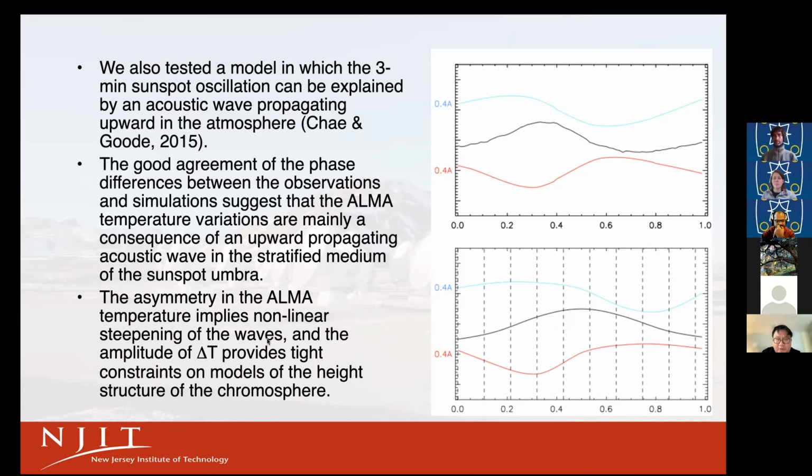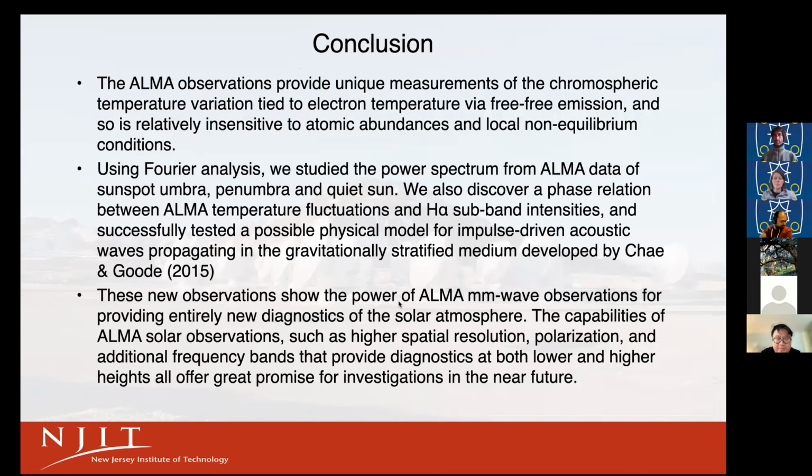I also want to point out that this delta T in the ALMA observation serves as a quite nice restriction for the model to compare its temperature variation. So basically, in conclusion, ALMA observations provide a unique measurement of the chromospheric temperature variation tied to electron temperature via free-free emission, and is relatively insensitive to atomic abundance under local equilibrium conditions.